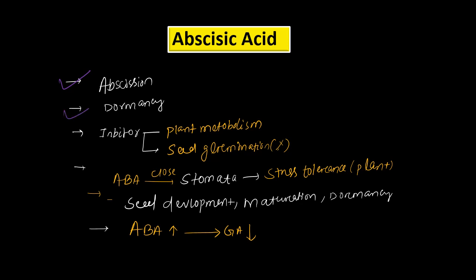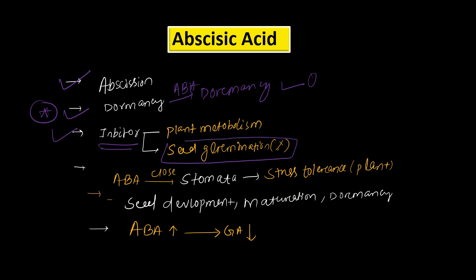Dormancy is the major important point in abscisic acid: if we add abscisic acid, or ABA, it creates dormancy in the seed. It is an inhibitor of plant germination and plant metabolism.